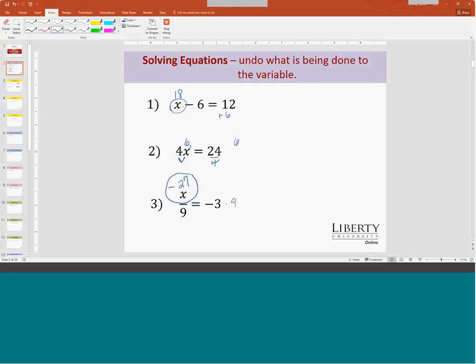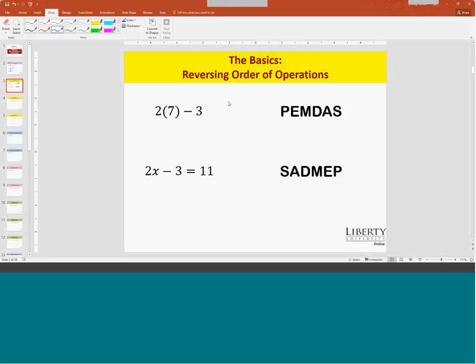You're going to do what's in the equation backwards. Take a look at that. In a couple of modules ago, we talked about order of operations. There are rules for the order in which we perform multiplication, division, addition, subtraction, and when there are parentheses and exponents.